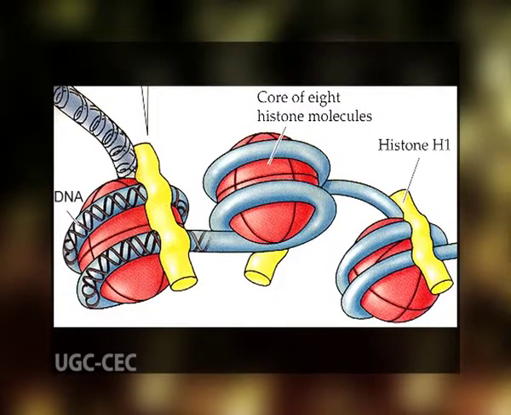For many years, histones were thought of as inert structural molecules, but as we will see, these small proteins play critically important roles in determining the activity of the DNA with which they are associated.